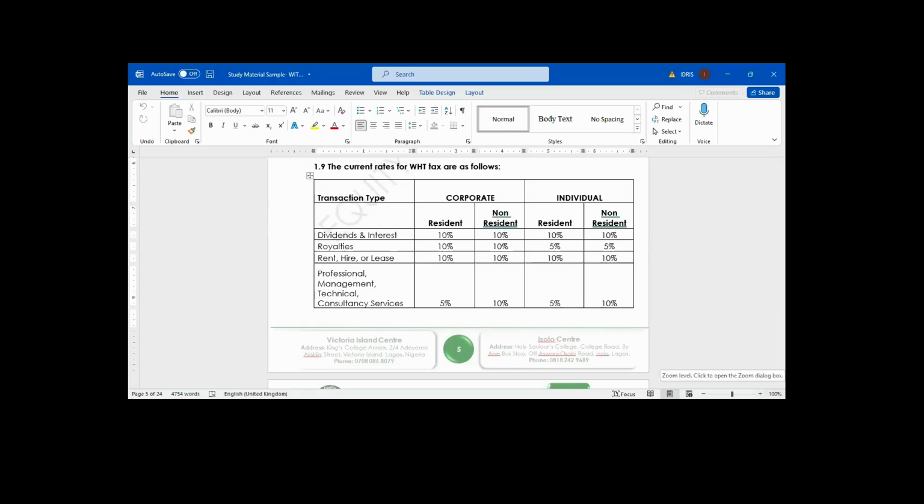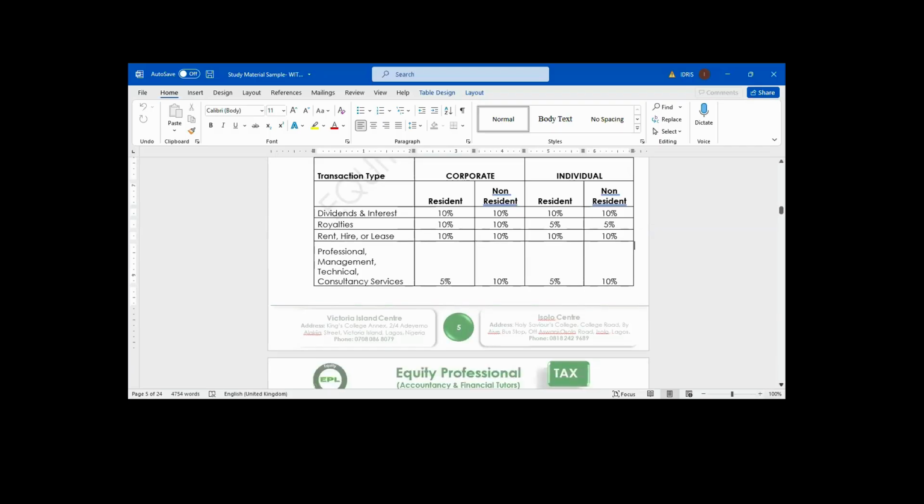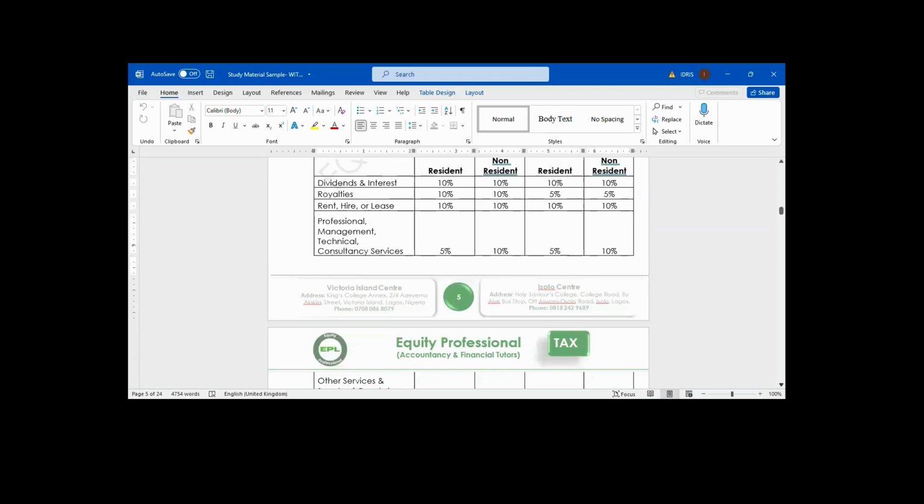But if it is management, professional, technical service, professional fee, audit fee, if it is a company and a resident company, 5%. If they are a non-resident company, 10%.